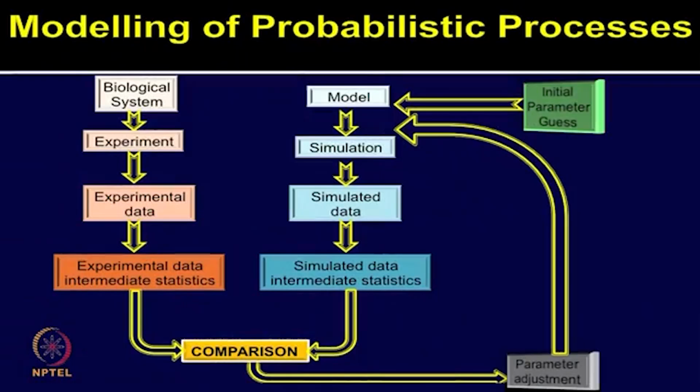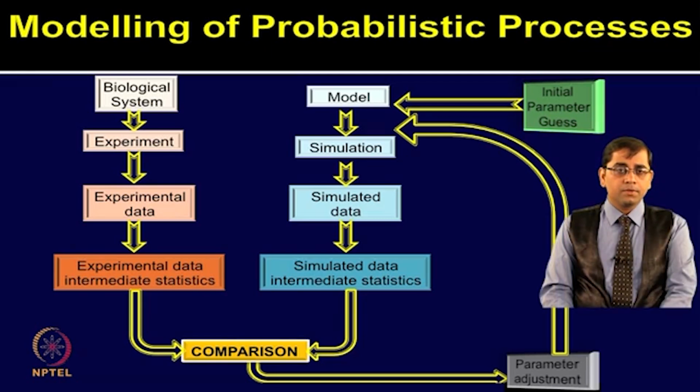The modeling of probabilistic processes involves, let us say you want to study a biological system, so some experiment has to be performed. The experimental data set will be generated, from which some statistics could be applied, which can be used for comparison.